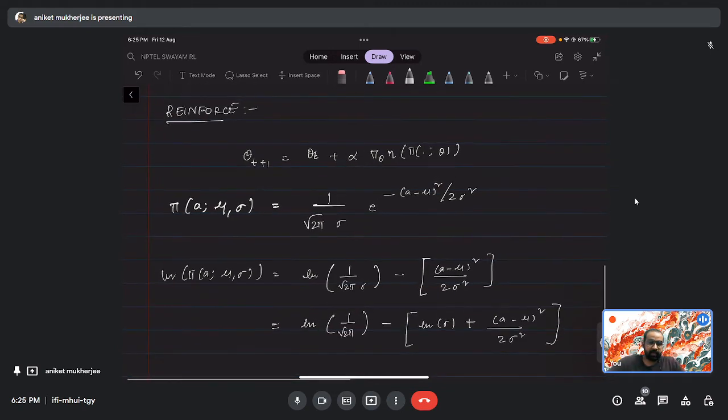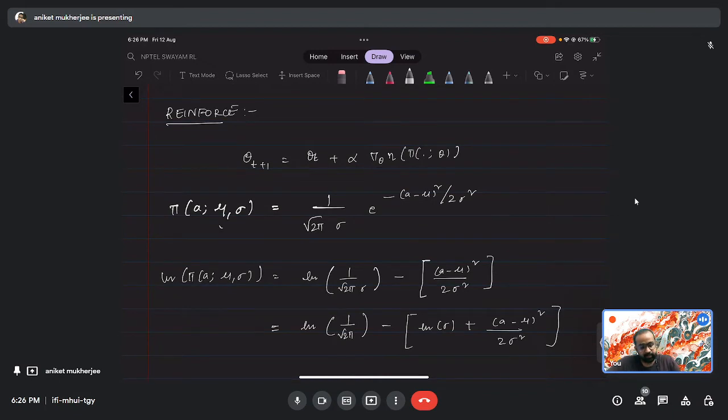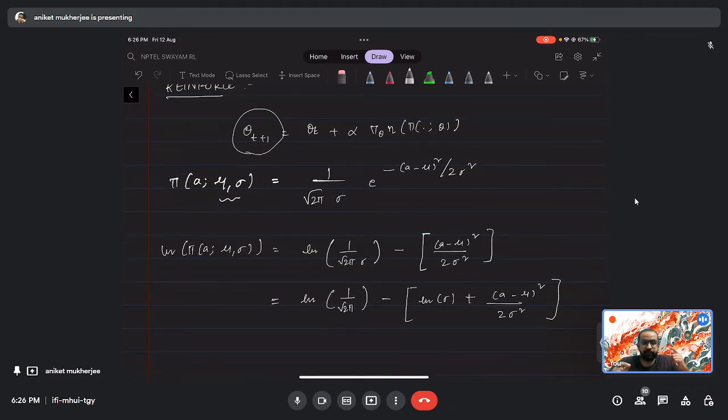Since I told you before that I have two parameters here, mu and sigma, I need to update both my parameters. Mu is a parameter, sigma is also a parameter. So I need to find an equation for updating mu and an equation for updating sigma.